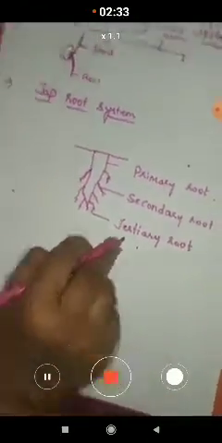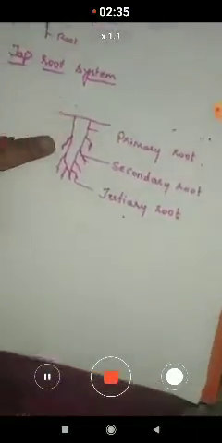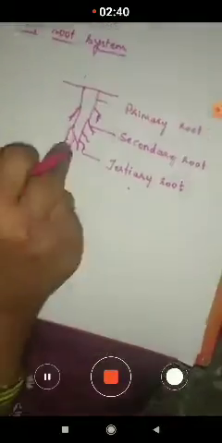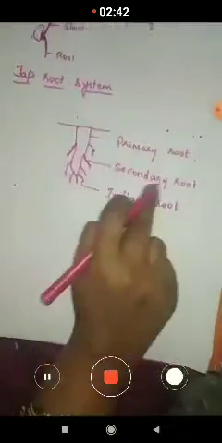So here a single root grows from the base of the stem, and from the single root, the secondary roots start growing, and from the secondary roots thin fiber-like structures start arising. We call it a tertiary root. This type of arrangement in plants, we call it the taproot system.